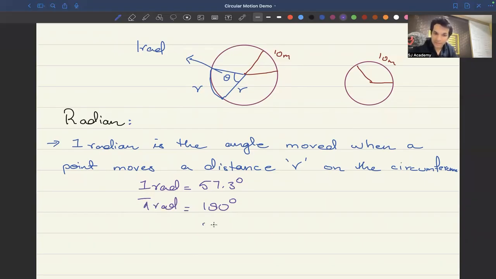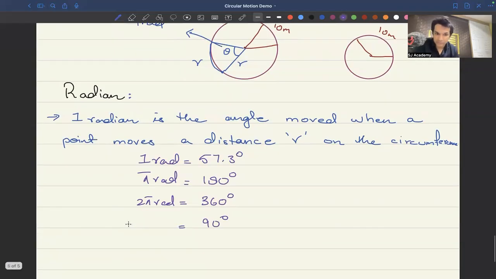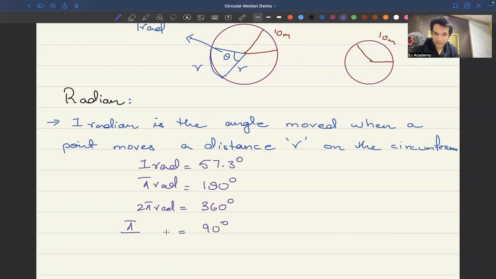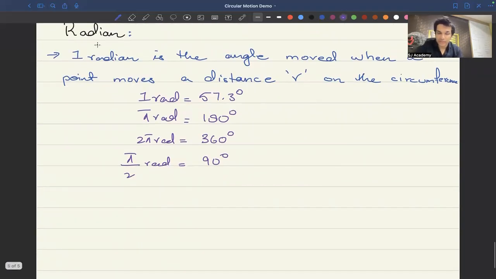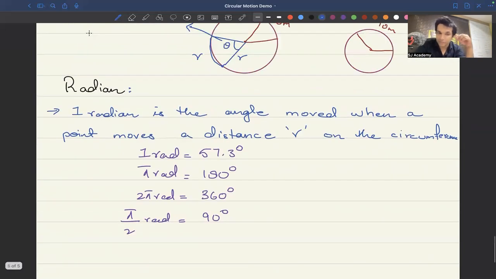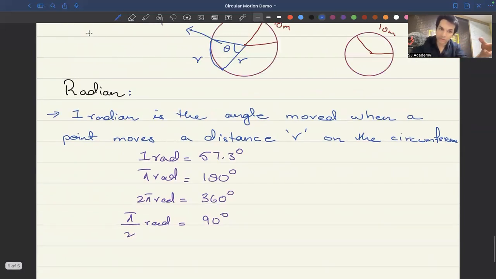One complete rotation will be 2 pi radians. 90 degrees would be pi upon 2 radians, 270 will be 3 pi by 2, 45 will be pi by 4, and so on. So that's the first thing we should know, what we mean by radian. We will be using radians throughout circular motion, and we know that it is more convenient to measure the change in terms of angle, and the unit for angle we'll be using will be radians.